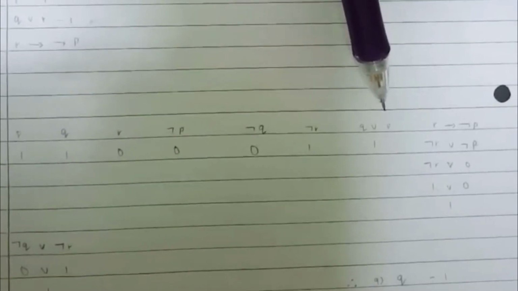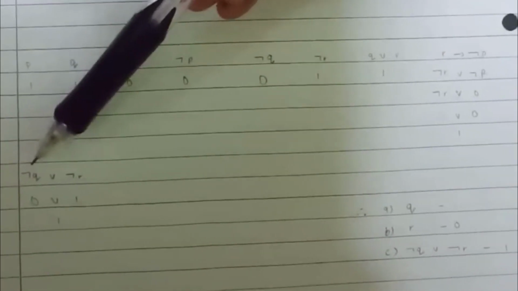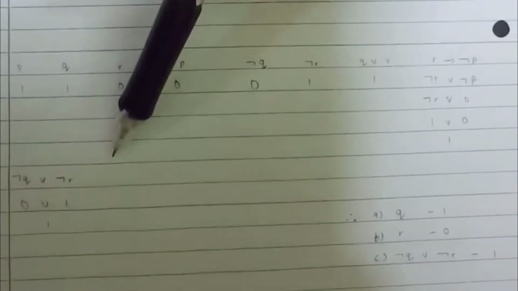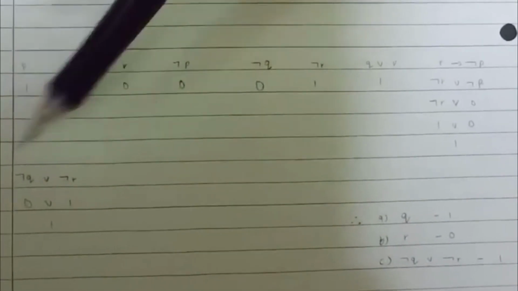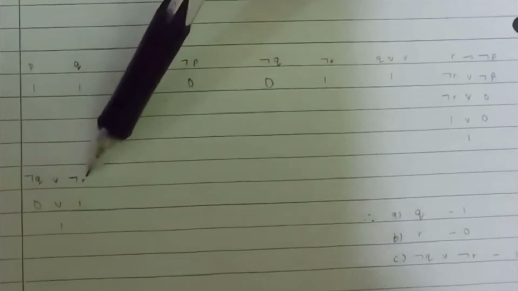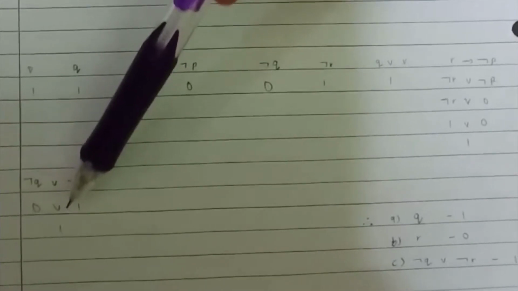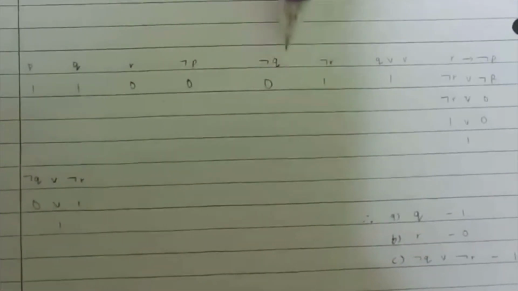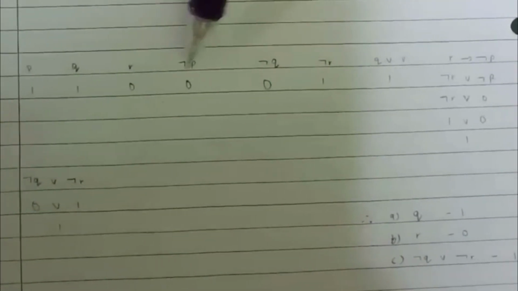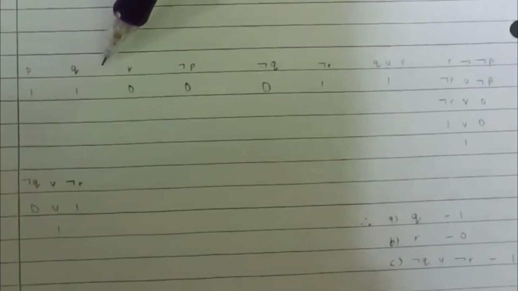After that, we have to find the next thing, which is not Q or not R. We know that not R is 1, so not Q or not R is 0 or 1, which equals 1, and also not Q is 0, so Q is 1.